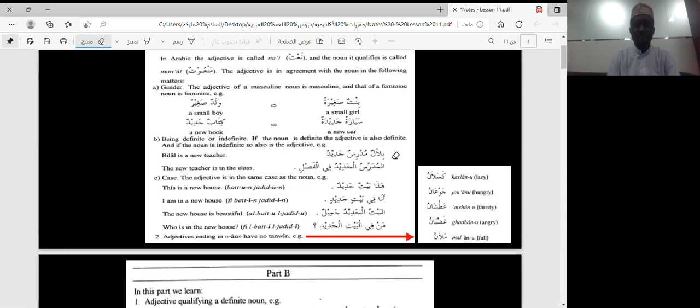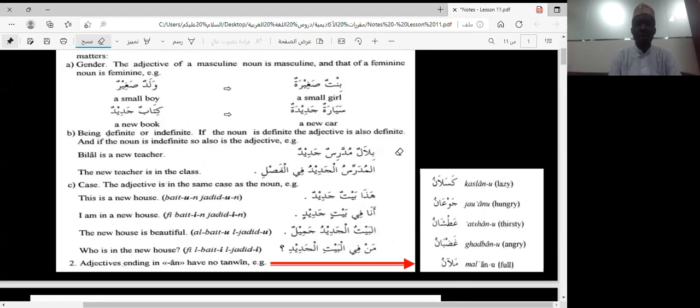Let us look at the examples given here. We have Bilalun. Bilal is mubtada here, as you have learned. Mudarrisun is khabar.